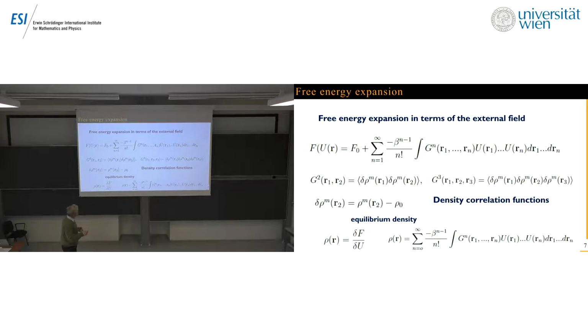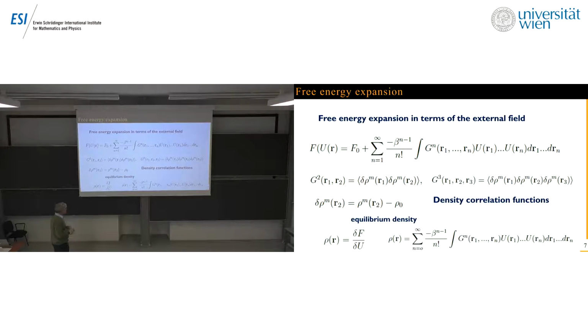We're interested in the coefficients, of course, and the coefficients are the so-called density correlation functions. Here delta rho is the deviation of the actual density, which is generally inhomogeneous, from the average density of a certain type of molecules. The quadratic coefficient is the two-body density correlation function, the cubic coefficient is the three-body one, and so on and so forth. So this is very nice and pretty.